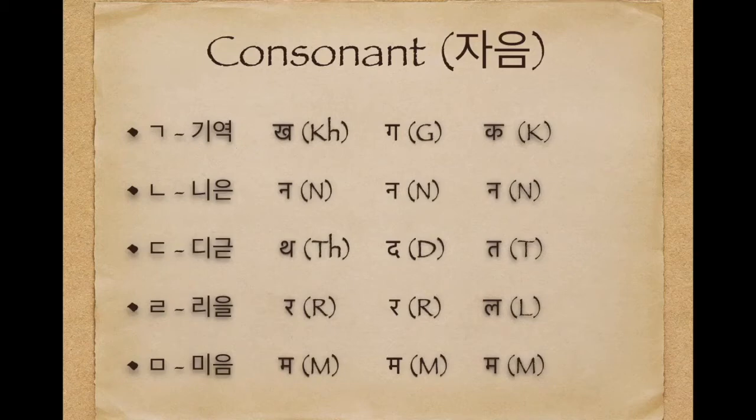Let's come to the second consonant of the Korean language, Hangul. It is neon. When neon appears in the beginning of any word, it is pronounced as it is, na, n.